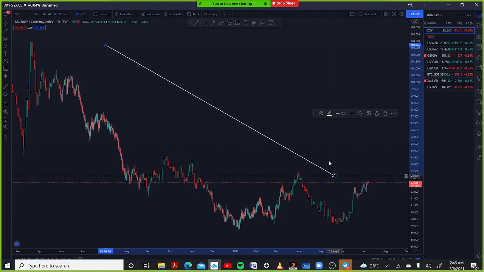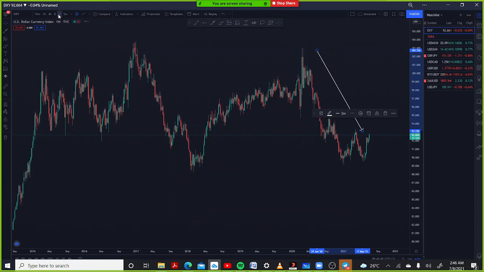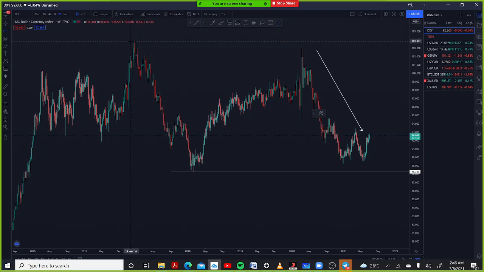So you can see on the dollar index we're bearish, and bearish means you look for sell setups. Price moves faster in a bearish trend. Sometimes I go to the weekly for more clarity, and you see on the weekly we're having a ranging market here, and this is the maximum point.